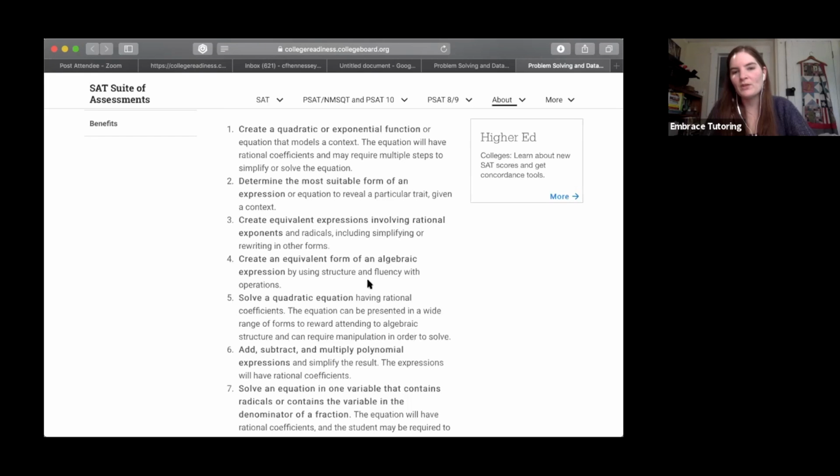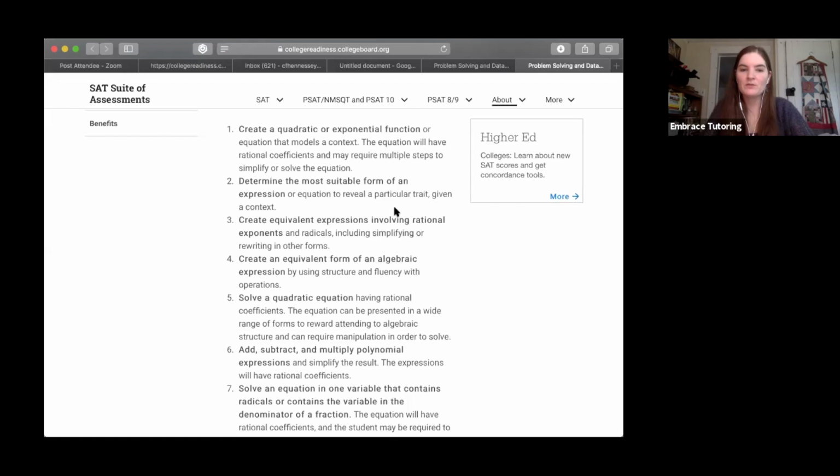So your equation in that case is going to have rational coefficients and may require multiple steps to simplify or solve the equation. So you'll see probably a lot of those in there. You're going to see determining the most suitable form of an expression or equation to reveal a particular trait in a given context. So you might have to even change forms of an equation or expression in order to achieve certain outcomes, and understanding what equivalent forms are.